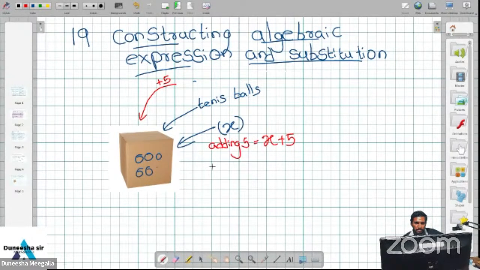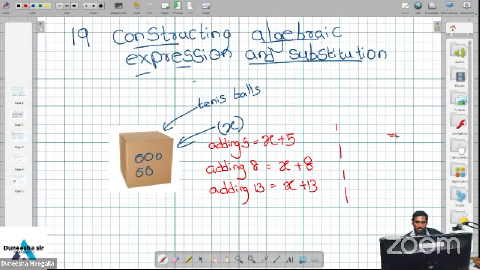Adding 8. When there is x and 8 are added, how much? It's x plus 8. Adding 13, so x plus 13.